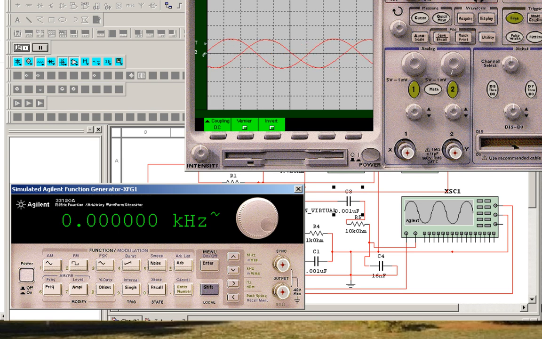Okay, see the level right there? It's kind of going up when I've dropped the frequency down. Right now the level of the output is getting lower.